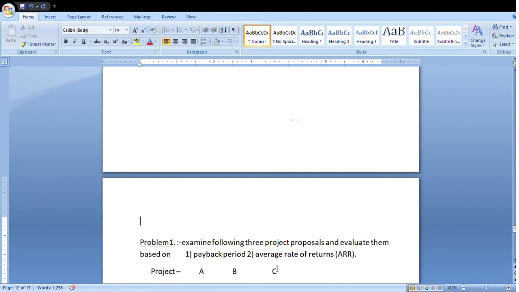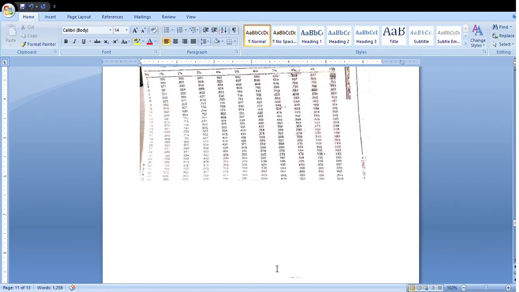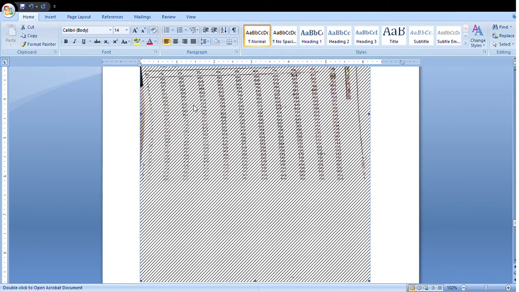Net present value table. This is the table. Years: 1, 2, 3, 4, 5, 6, 7. These all are years. This side is the discount rate.